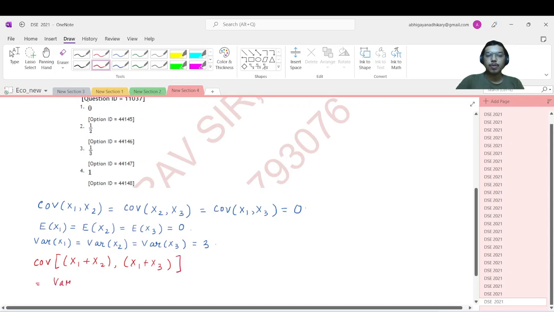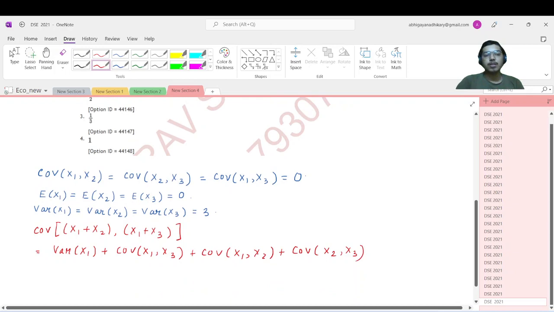If we use the property of covariance, this is variance of x1 plus covariance of x1 x3 plus covariance of x1 x2 plus covariance of x2 x3. The second, third, and fourth terms are 0, so this is basically variance of x1, which is 3.